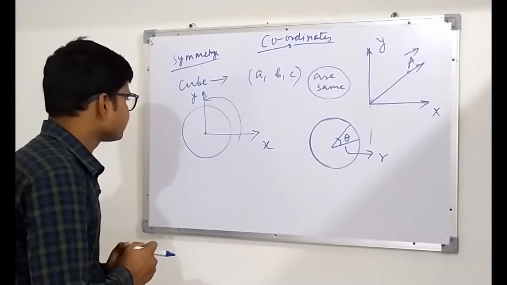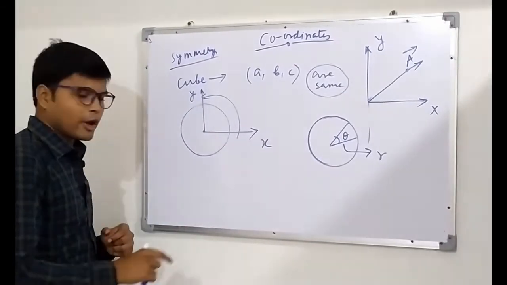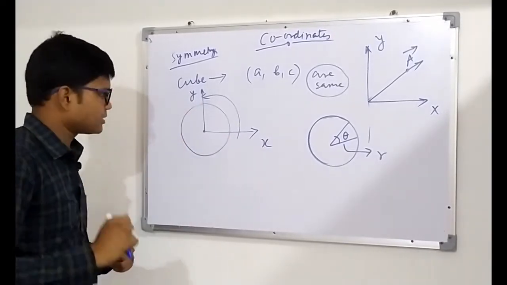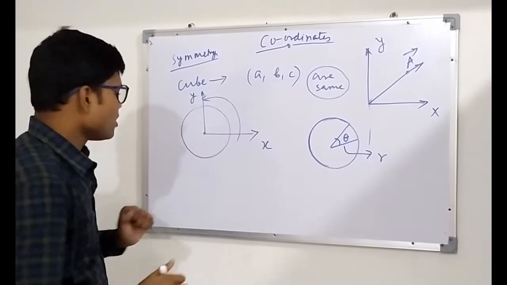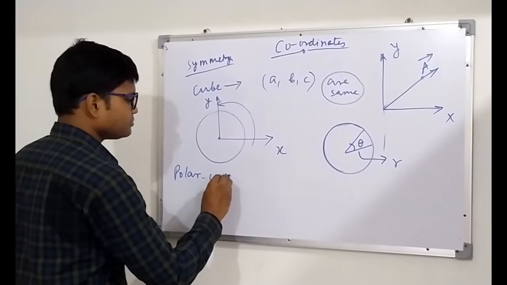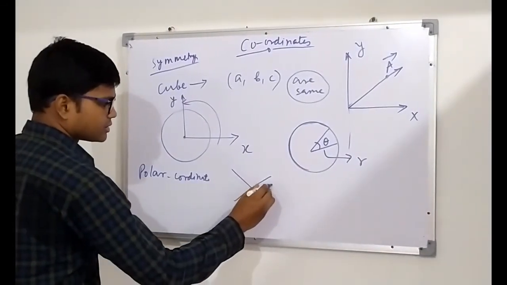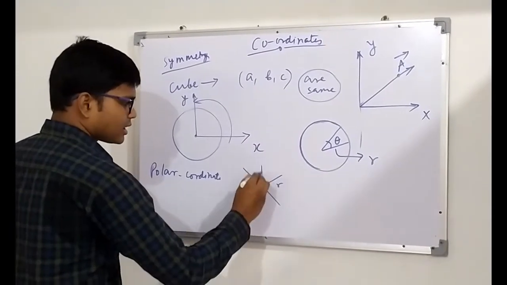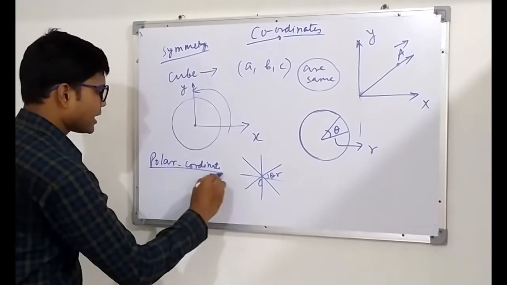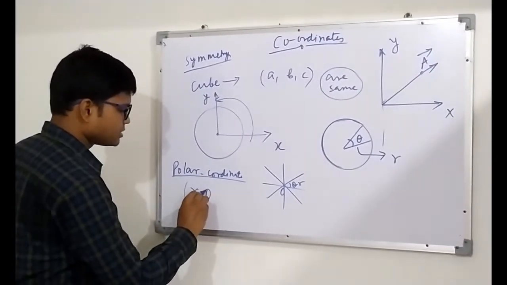Therefore, in Eulerian space and two-dimensional space, if we have some kind of object which has this circular symmetry, we can use the polar coordinate system. The polar coordinate system is represented by these: r, maybe its origin, and there are thetas. So the polar coordinate system has two parameters, r and theta.